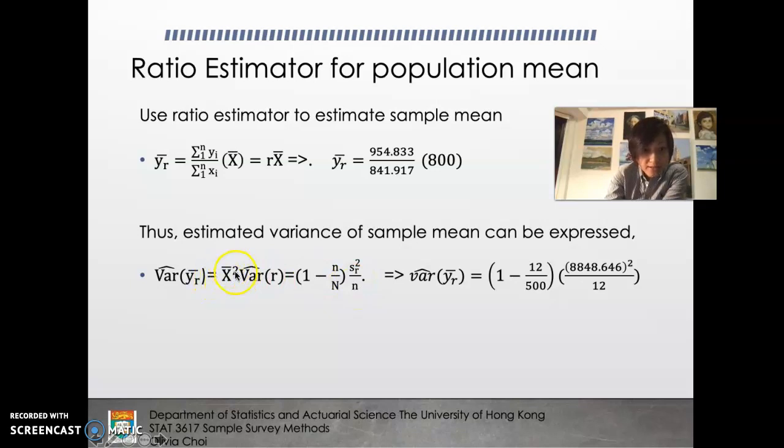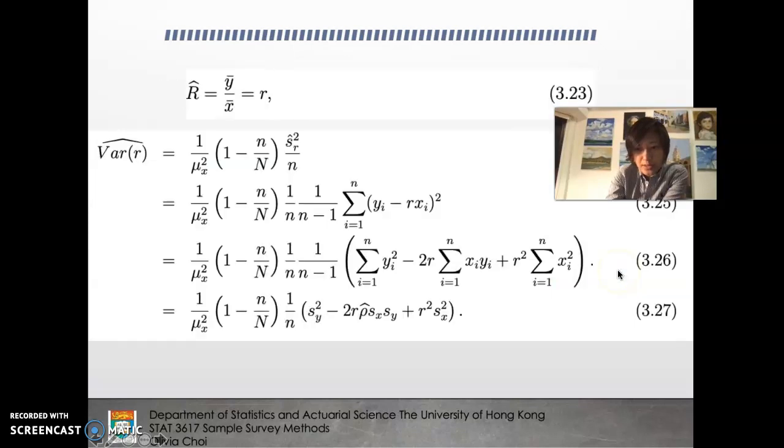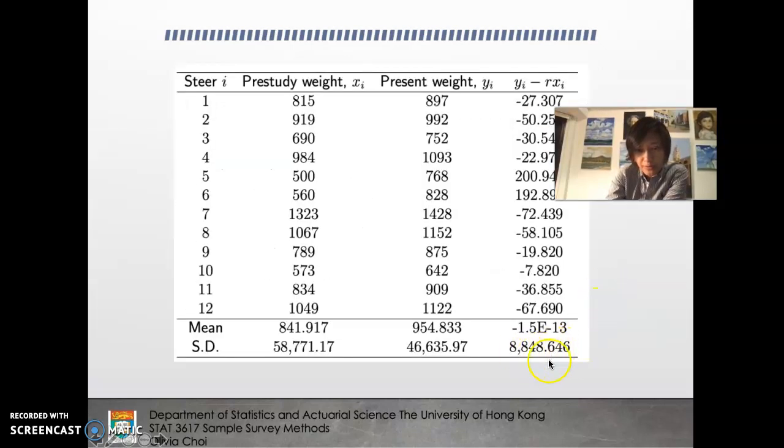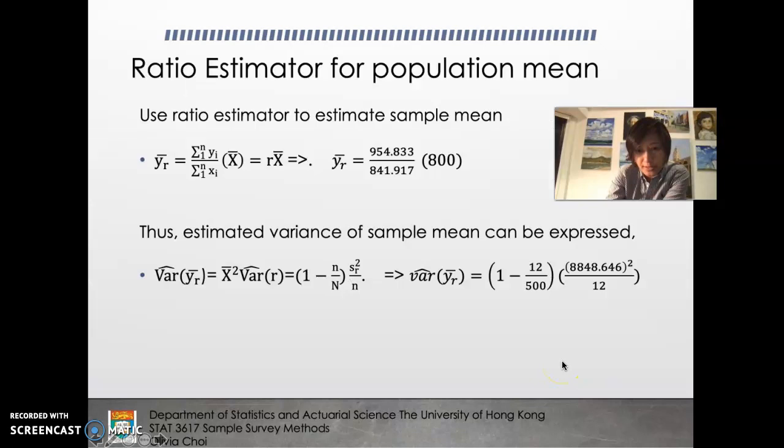Then the X bar squared cancels out. In this case, we have 12 out of 500. And the SR, we can simply copy from the data listed here. So we can compare this variance of Y bar obtained from the ratio estimator with the variance estimated from the ordinary estimation.